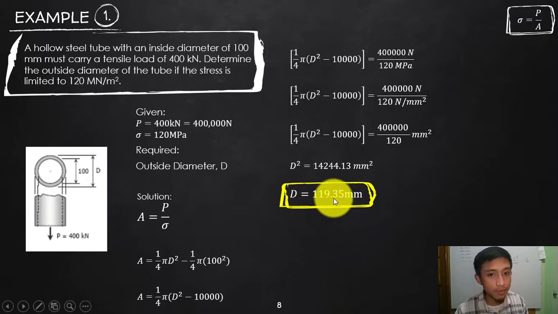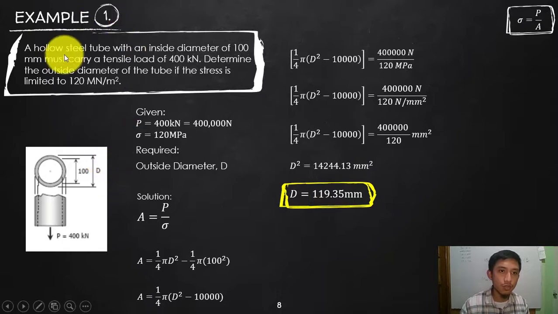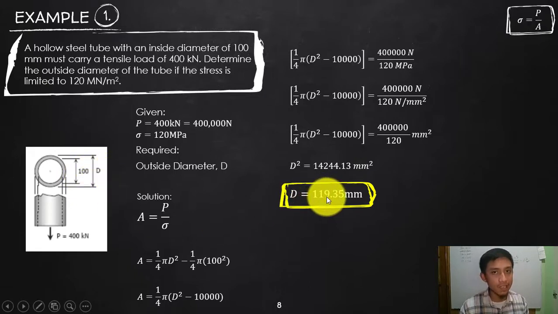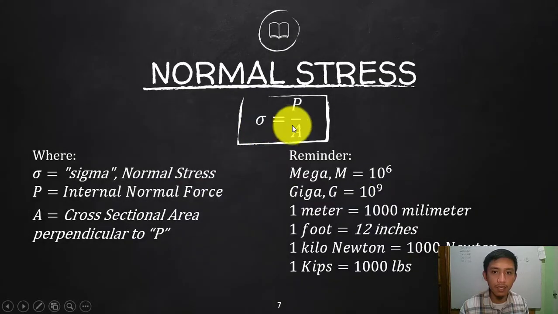So what does that mean? That what we need is a hollow tube with inside diameter of 100 mm and outside diameter of 119.35 at least. But we can use a bigger diameter with this, because the bigger the area, look at our formula, if I will try to increase the area by increasing the outside diameter, isn't it?